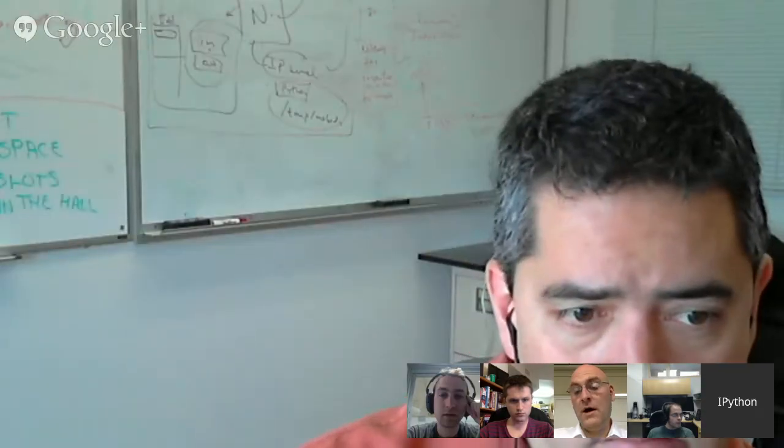Uh-huh. I mean, one thing that I think we want to balance is the short term versus the long term. In the long term, I think we'll have funding to build whatever integration layers we want.